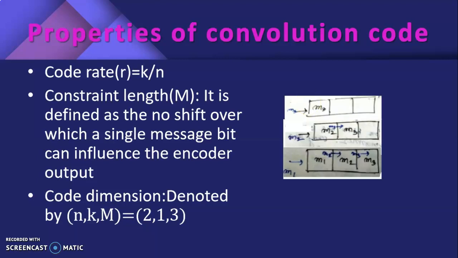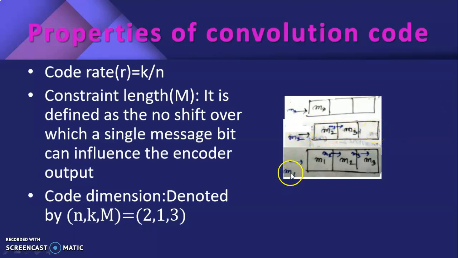Again for another input, the previous bit is shifted here by one location and the new bit is entered into the first location. For this, another output will be produced in the output section of the encoder.